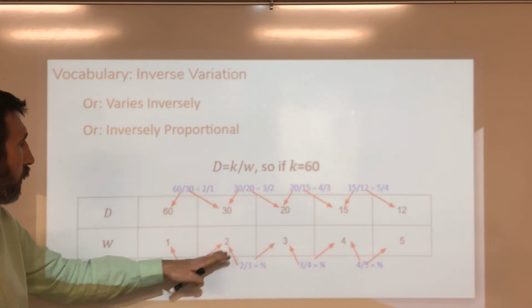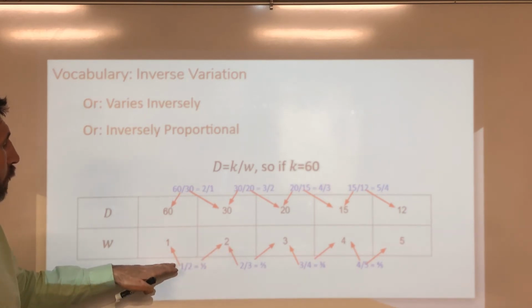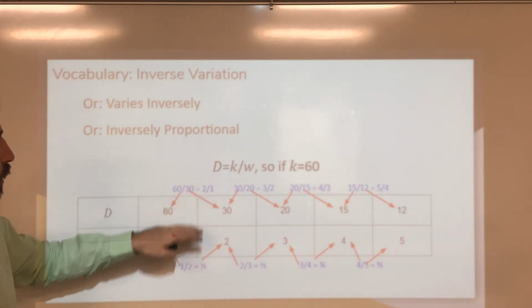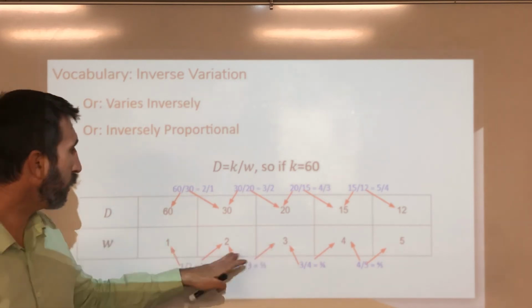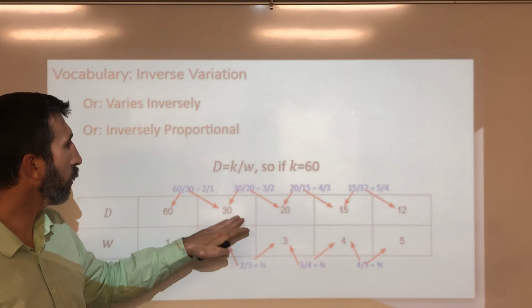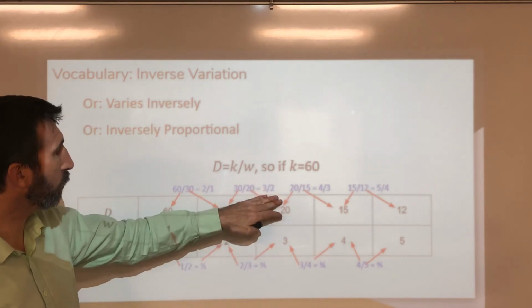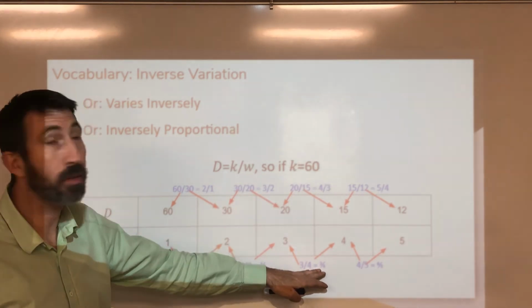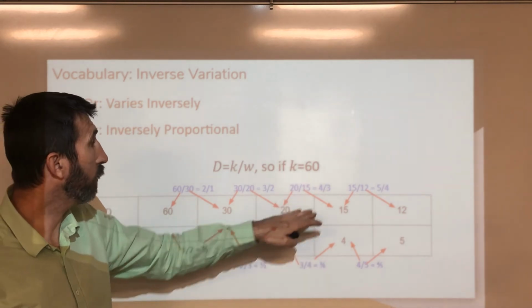So this one is a decrease of 1/2, this is a change of 2. From 2 to 3, that's a change of 2/3. From 30 to 20, that's a change of 3/2. 3 to 4 is 3/4. 20 to 15 is 4/3.